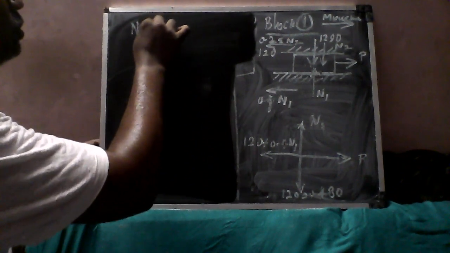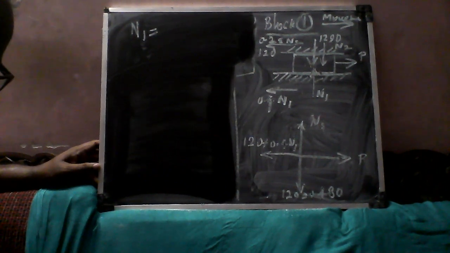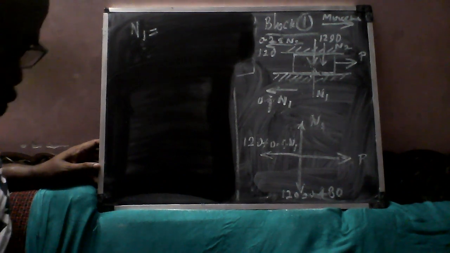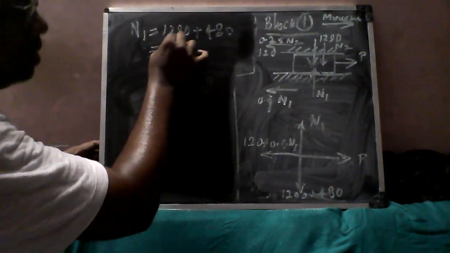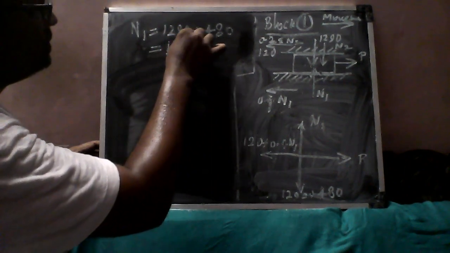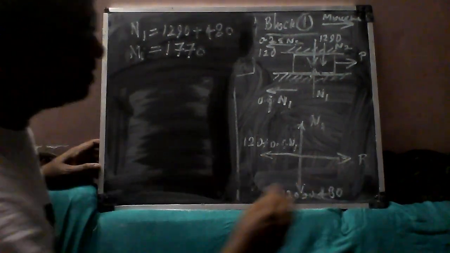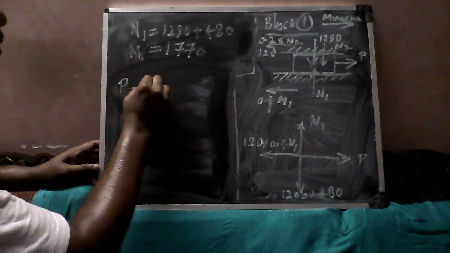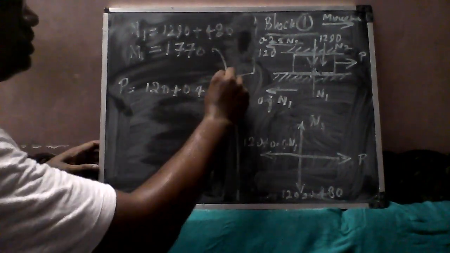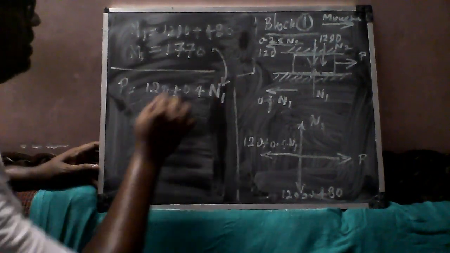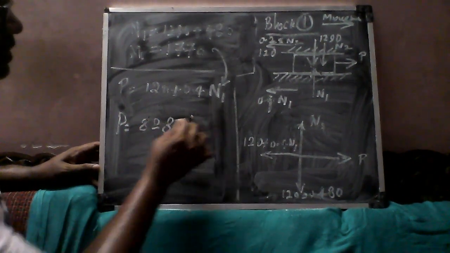N1 is equal to 1290 plus 480, which will be 1770 N. By substituting this N1 into the second equation, that is P is equal to 120 plus 0.4 N1, I will get P is equal to 828 Newton.